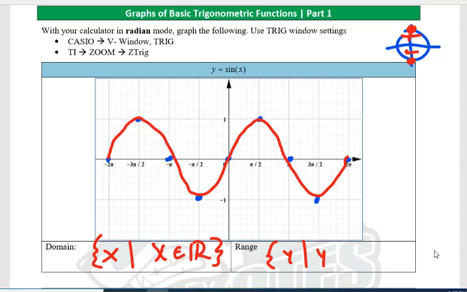What the heck? Okay, here we go. What is our range? Our range is, it has a lowest height of negative 1. It has a highest height of positive 1. These are our y values, and so it is all the values in between and equal to. Negative 1 is less than or equal to y is less than or equal to 1, comma, y being an element of the reals.